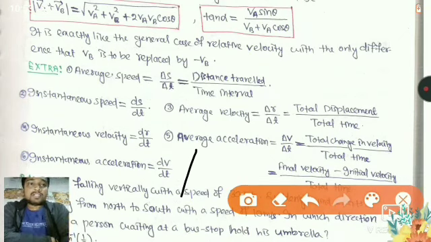We know that displacement is a vector quantity, so that we get velocity is a vector quantity. Instantaneous velocity, same, dr by dt. Average acceleration is total change in velocity by total time. Instantaneous acceleration is dv by dt, same as instantaneous velocity and instantaneous speed.